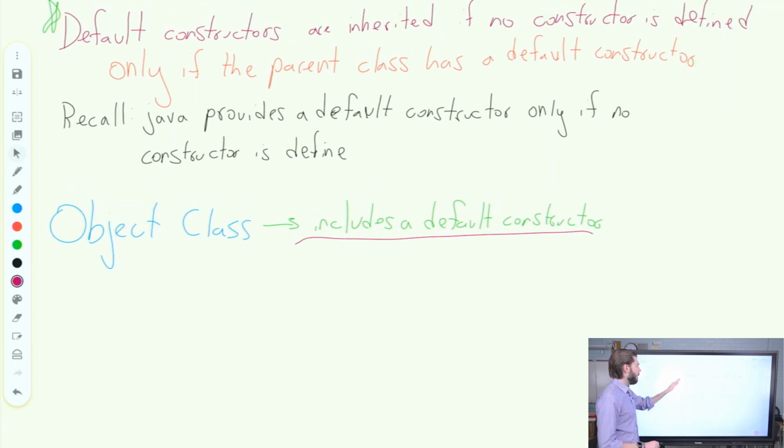As soon as we define a single constructor within any object, we no longer inherit this default constructor from Object. And that chain continues all the way up. As soon as we define a single constructor, we no longer inherit the default from the parent.